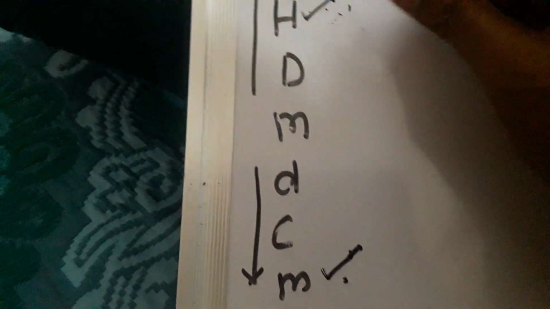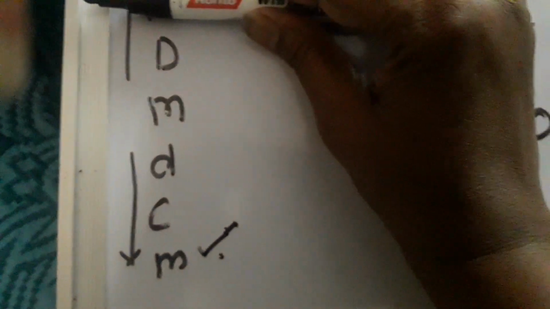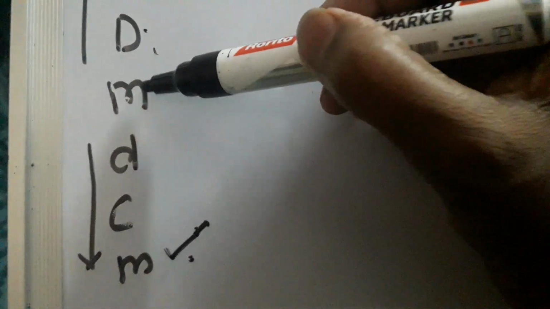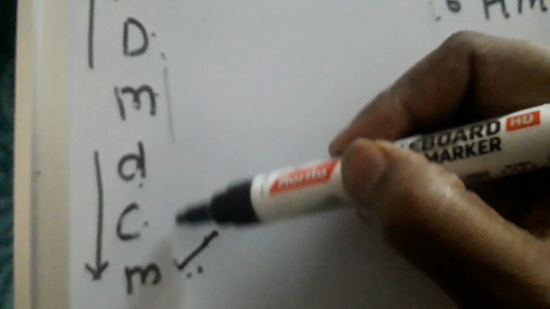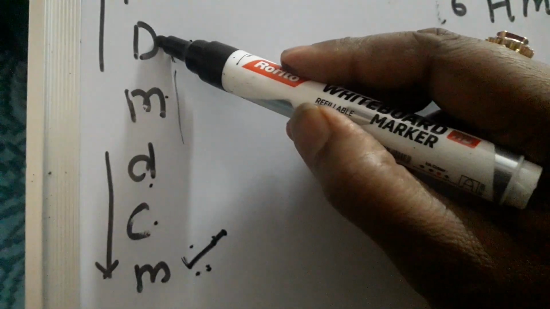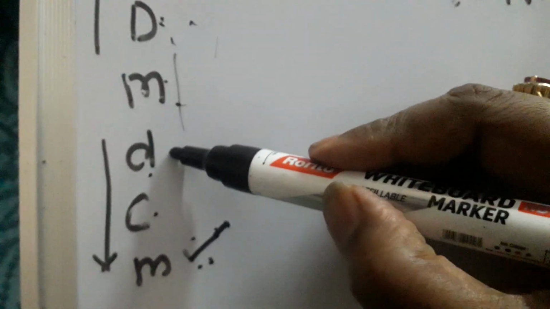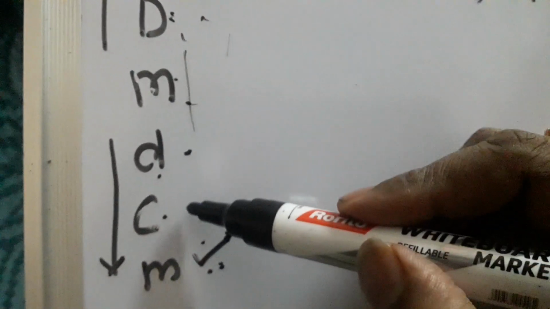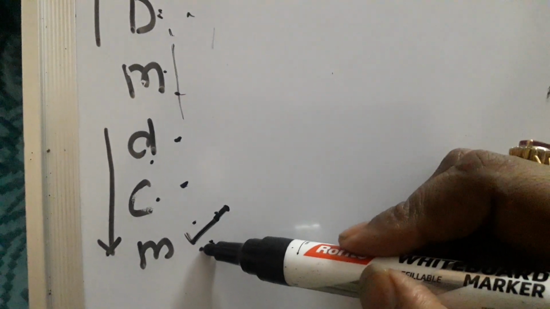So this we have to hide. We will hide hectometer. Now just see how many steps we have to come down. Count 1, 2, 3, 4, 5. 5 steps you are coming down. 1 zero 10, 2 zeros 100, 3 zeros 1000, 4 zeros 10,000, 5 zeros 1 lakh.